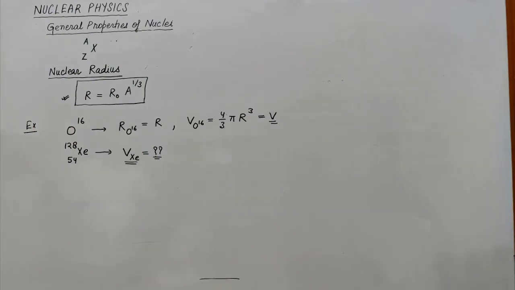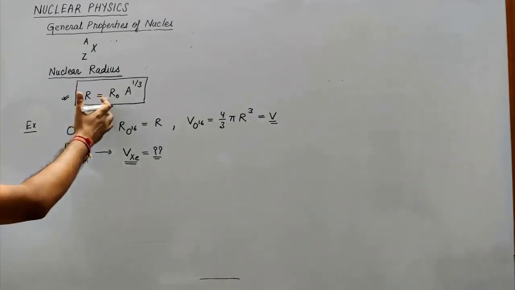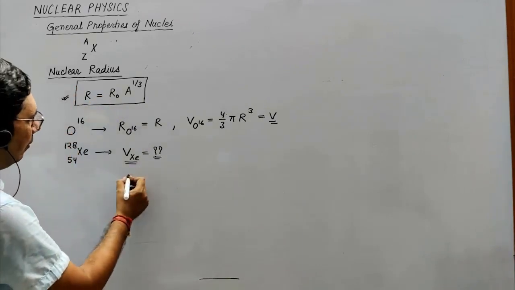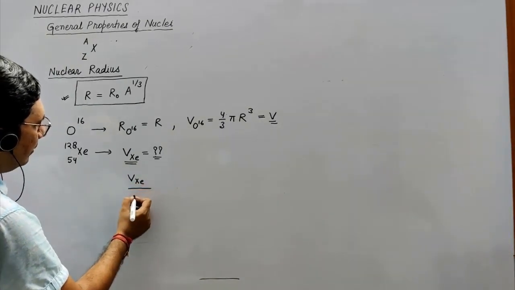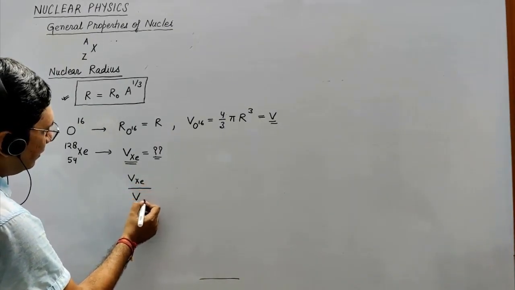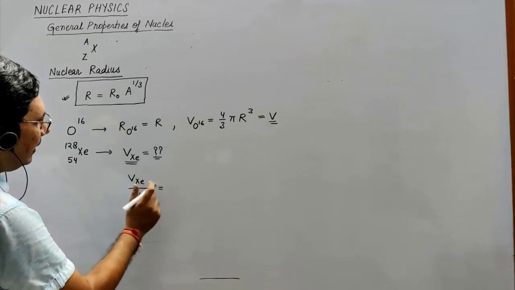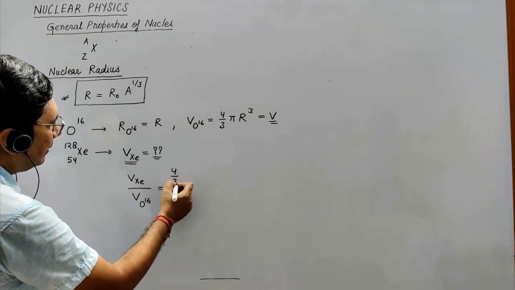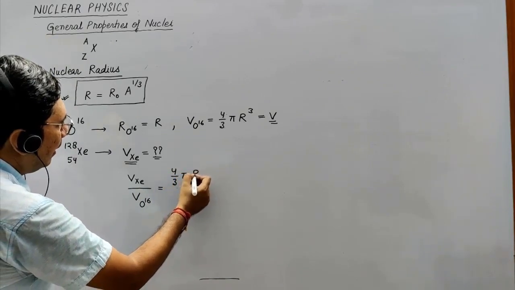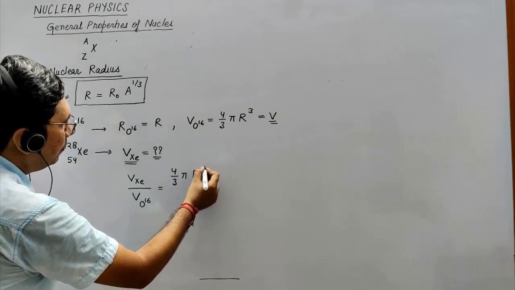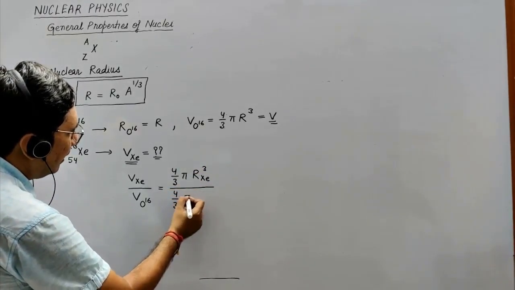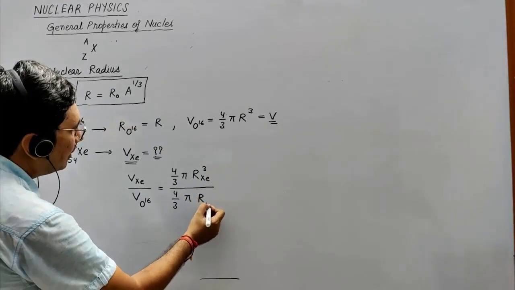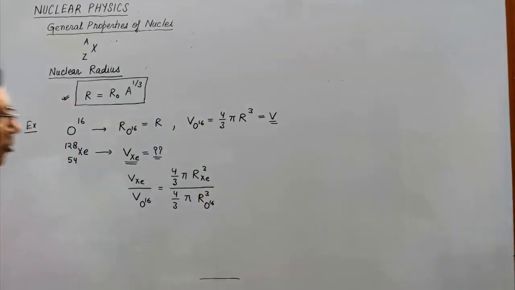How will you solve this? It is easy. If you are aware of this formula, you can easily find it. What will be the volume V Xe divided by V O16? V Xe will be 4 by 3 pi R Xe cube, divided by 4 by 3 pi R O16 cube.